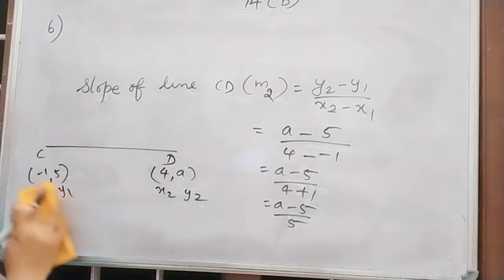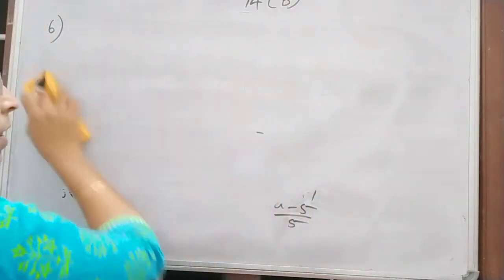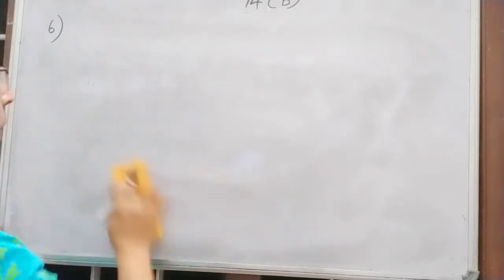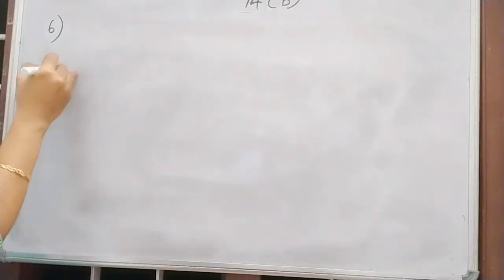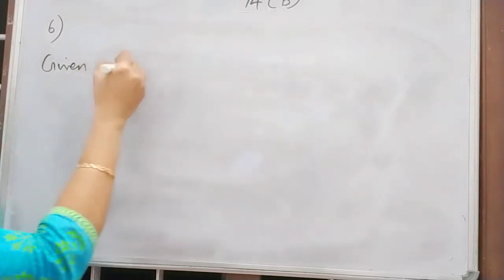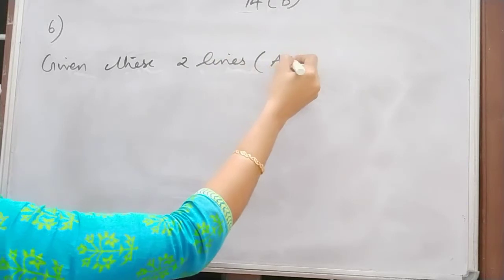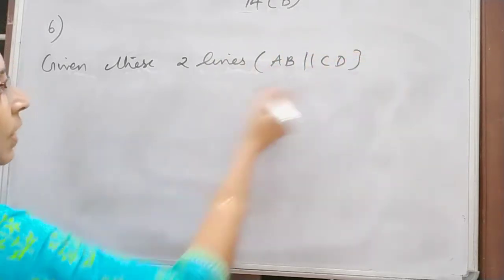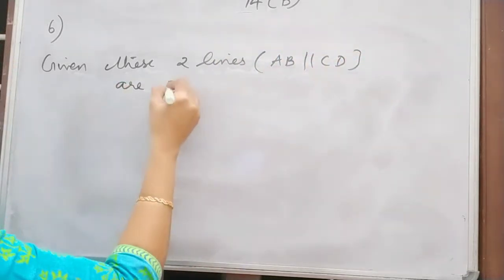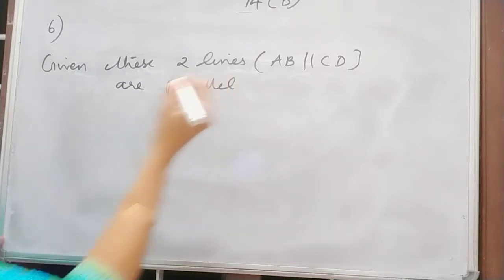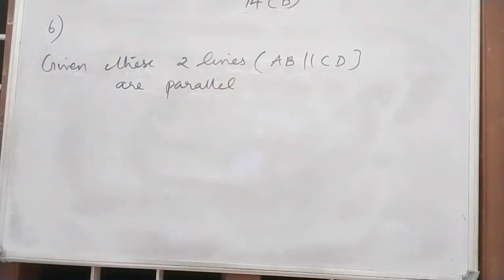So next, given what? These two lines are parallel. So we want to write, given these two lines are parallel, that means AB is parallel to CD is given. Since these two lines are parallel, we can say what?